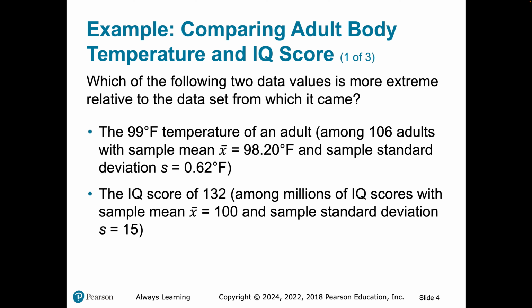I think an important use of z-scores is to compare scores from different distributions. When you take blood pressure, your top number is always going to be higher and your bottom number lower, so you really can't compare those two numbers directly.